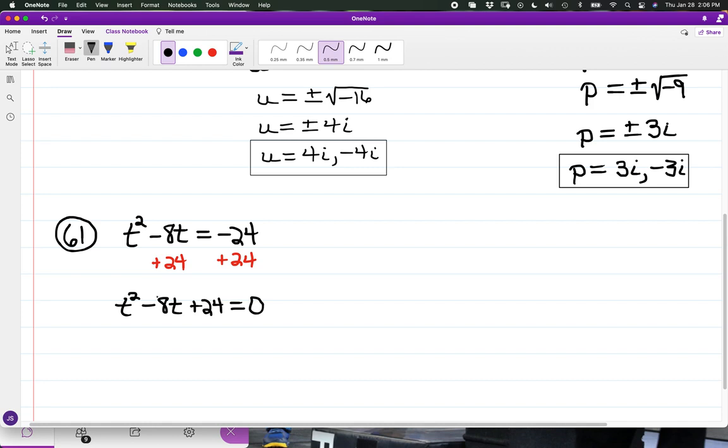Then you might try negative 12 and negative 2. They multiply out to 24, but add up to negative 14. Then the next possible combination would be negative 8 and negative 3. Those add up to negative 11. And you have negative 6 and negative 4. However, those add up to negative 10. But there's no combination that will add up to negative 8.